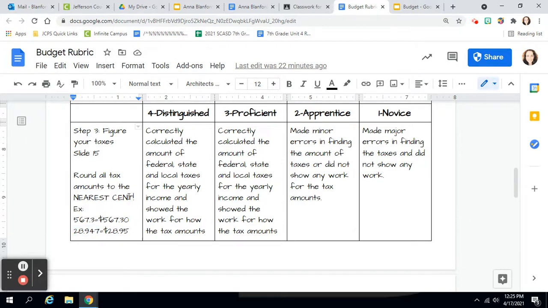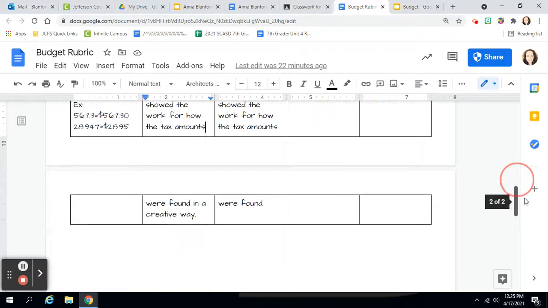Okay. To get distinguished, you need to make sure that you correctly calculate the amount of your federal, state, and local taxes, and show your work for those amounts. You also need to make sure that you show it in a creative way. All right.